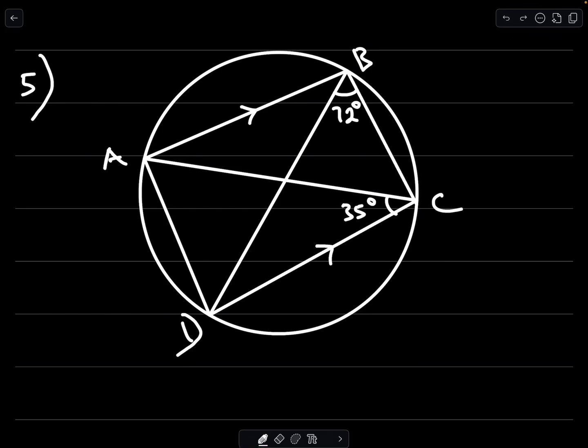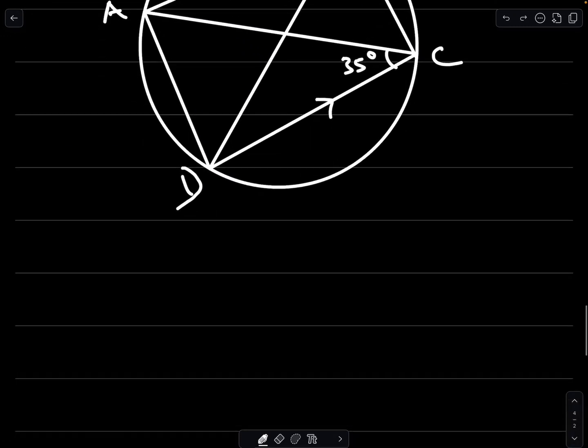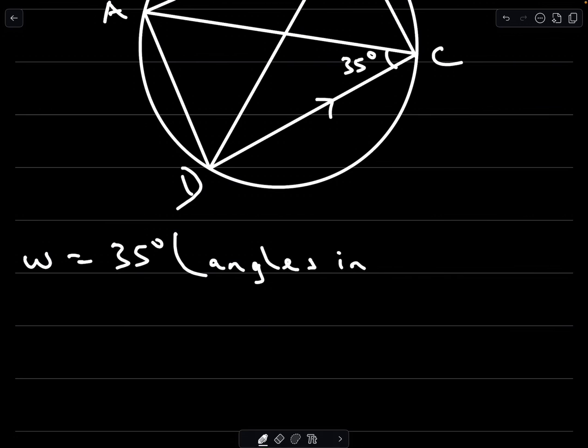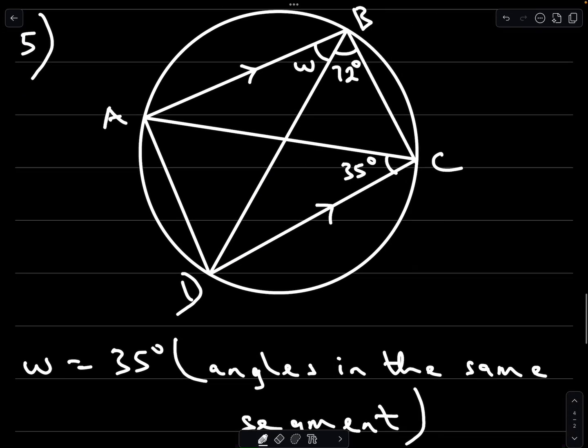Now what's the first thing to do? If I call this W, I can see that W is equal to 35 degrees because they are angles in the same segment. W equals 35 degrees. Angles in the same segment.